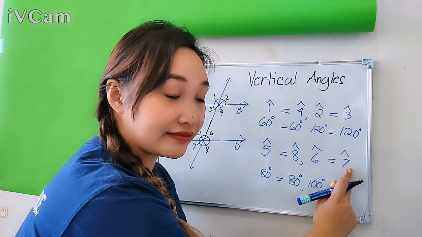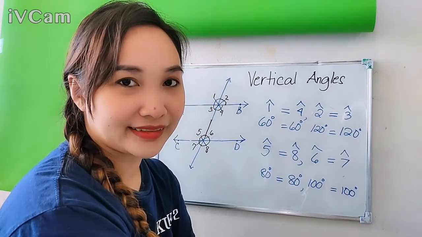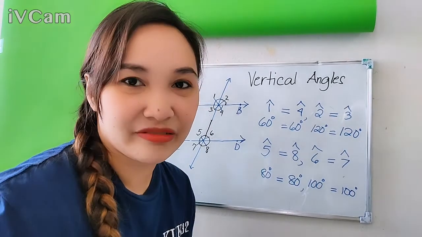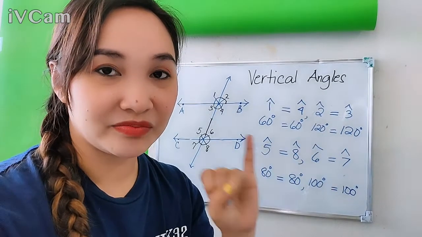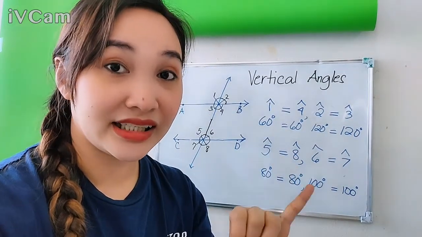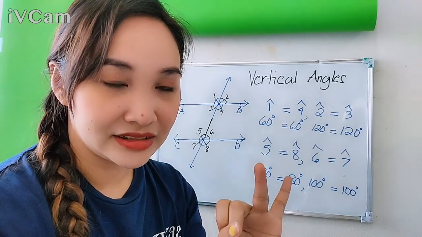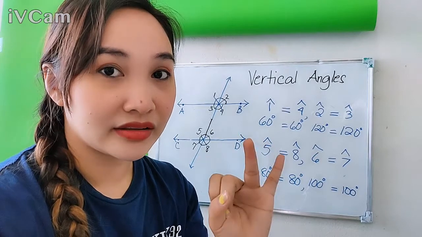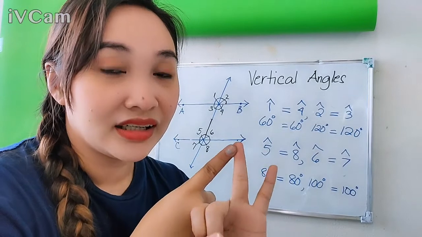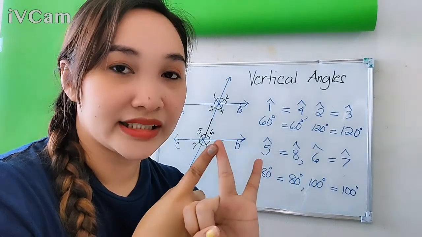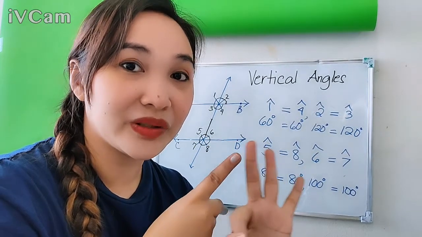Now it's very easy. Again, corresponding angles, you need to say the angles are equal. Consecutive angles, when you add them together on the same side, now take note, on the same side, the answer is 180 degrees. Supplementary angle, when you add two angles, the answer is 180 degrees.